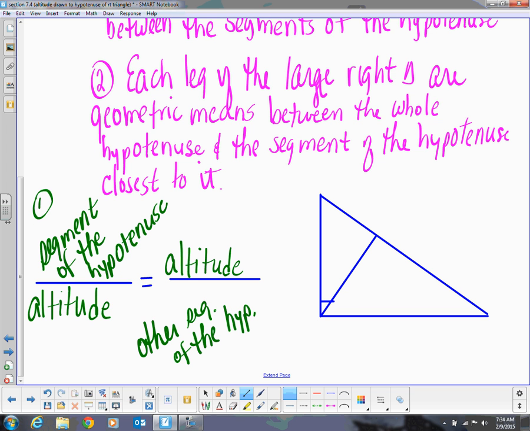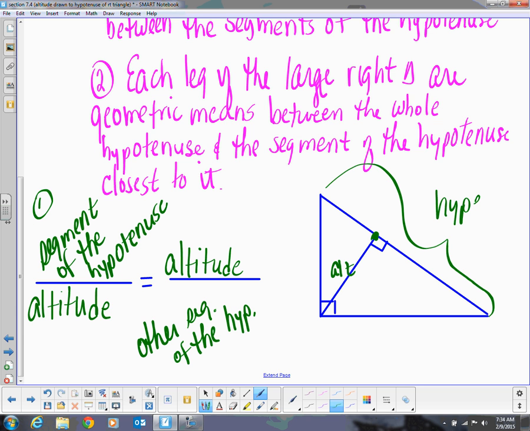We've got this large right triangle. An altitude starts at a vertex and is perpendicular to another side. This is the hypotenuse, and this is my altitude. When this altitude touches the hypotenuse, what happens to the hypotenuse?